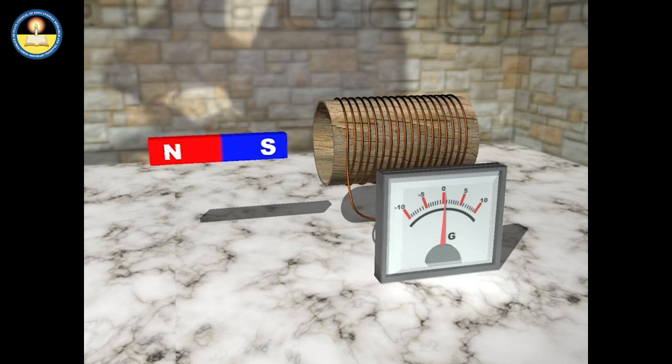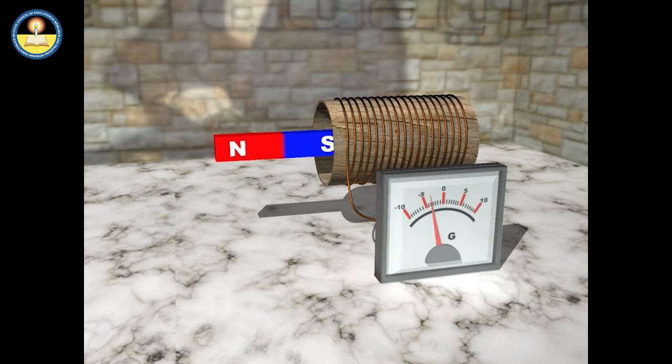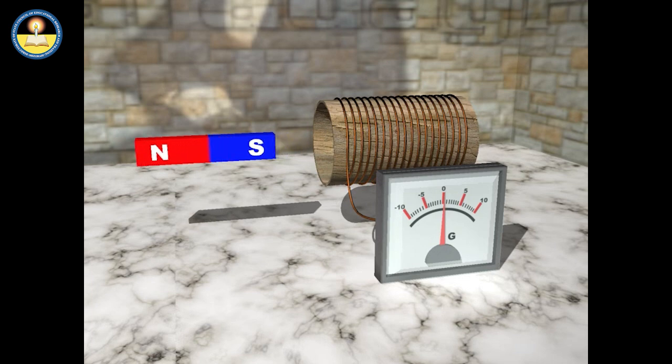Similarly, when the south pole of the bar magnet is moved towards the coil, the galvanometer shows a sudden deflection but in the opposite direction to that when the north pole is moved. A similar effect can be seen when the south pole facing the coil is moved away from the coil.